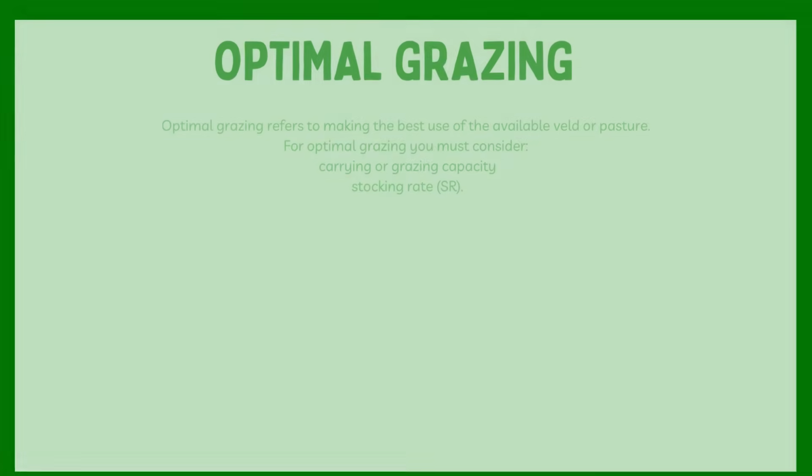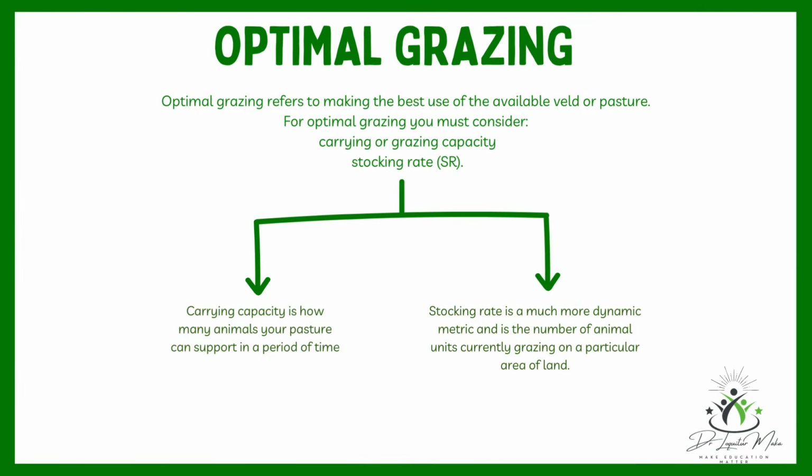Then we've got what we call optimal grazing, right? Now, you know what I like about agriculture is that if you just understand the English words, then everything makes sense. You are able to define what you are asked. If you're talking about optimal grazing, this is making the best use of the available pasture, right?